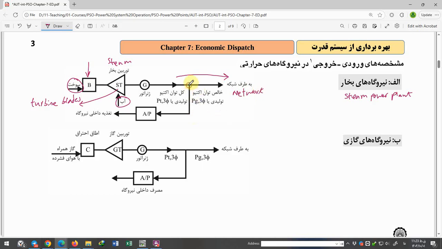And you should get a connection to the internal usage of the power plant.